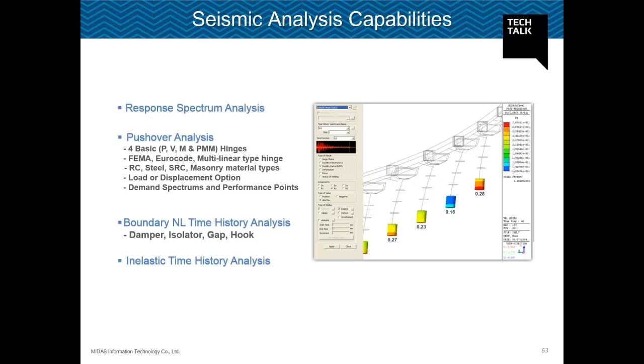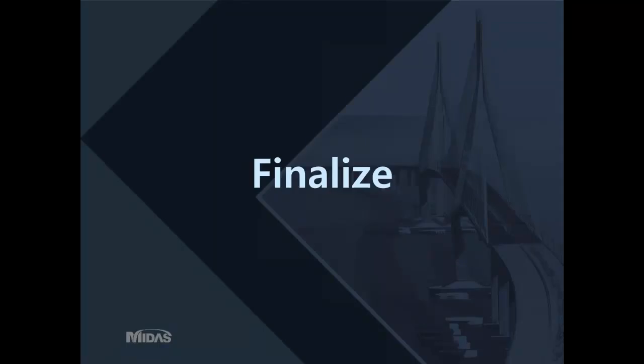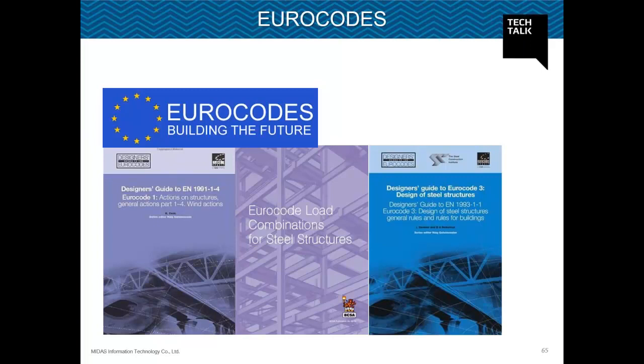So that brings us to the final part of our webinar, and that is the design. To finalize our analysis, we have to provide design results. And in MIDAS Civil, we have the Eurocodes.